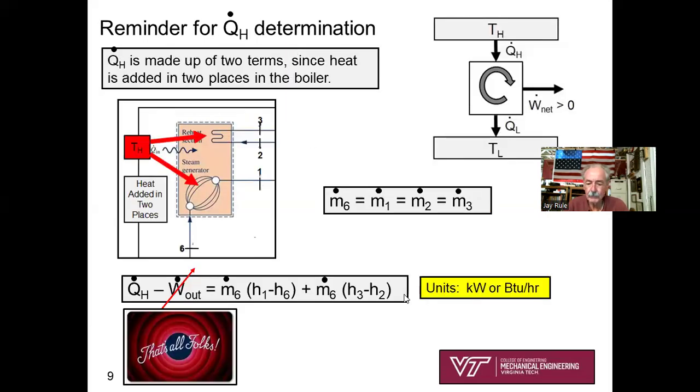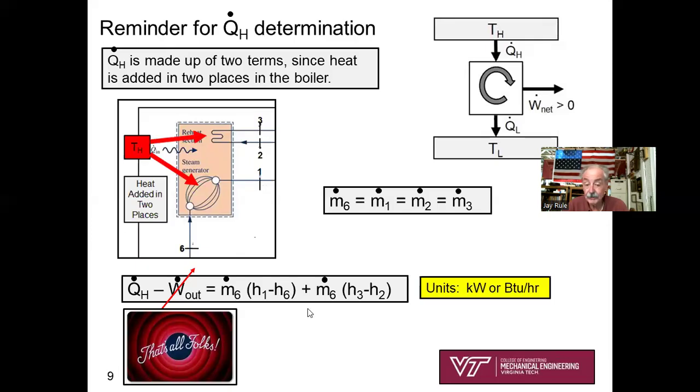And so what's the hard part? The hard part is putting it together when you're asked to find the thermal efficiency of the overall power plant. This is a reminder of what I've already talked about: heat is added in two places. And so your Q dot H is different than just the reheater heat added, isn't it?